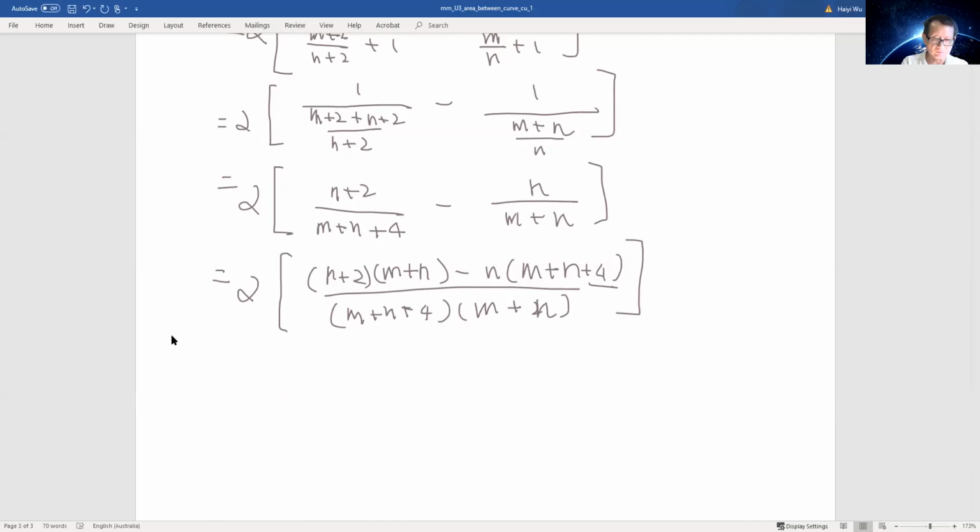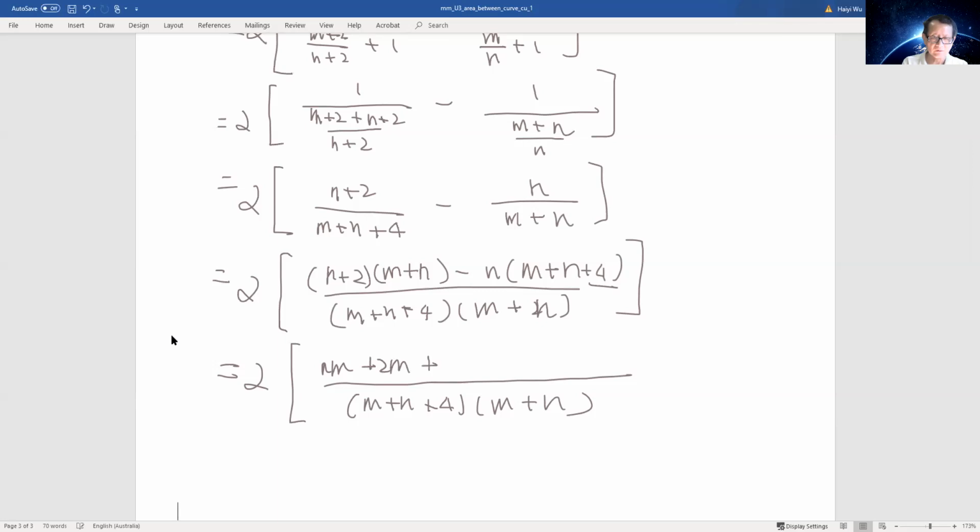So equal. Bottom, copy down. And top, expanding brackets. So n times by m plus 2m plus 2.